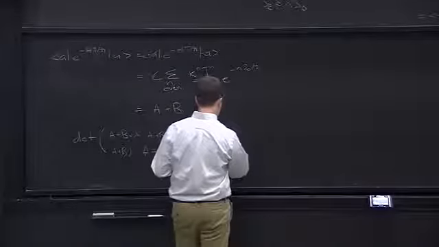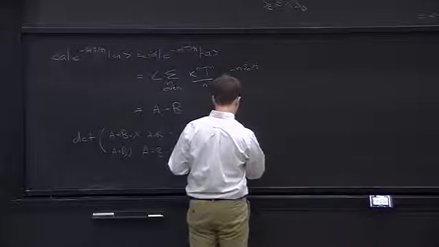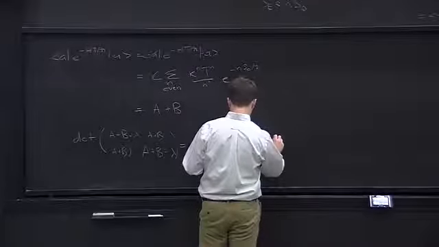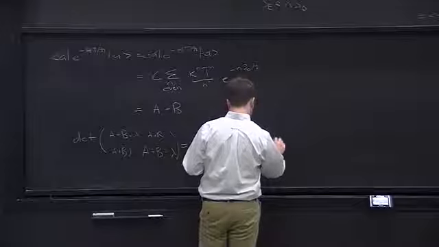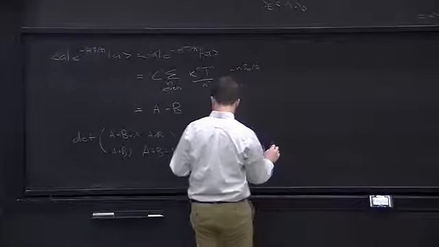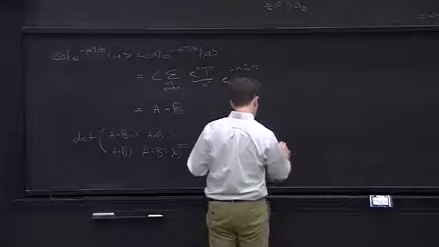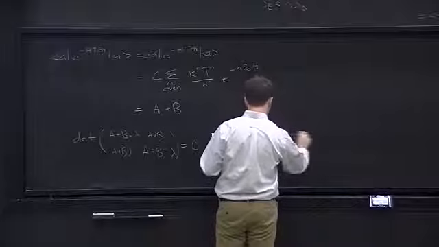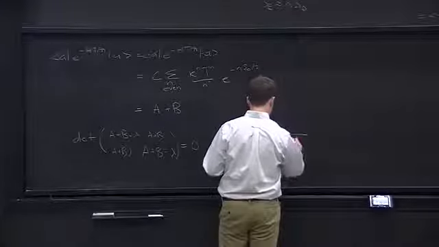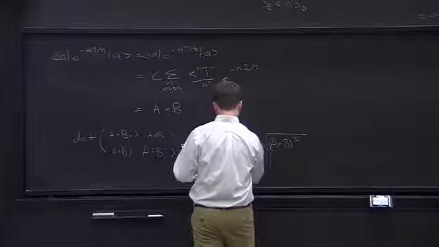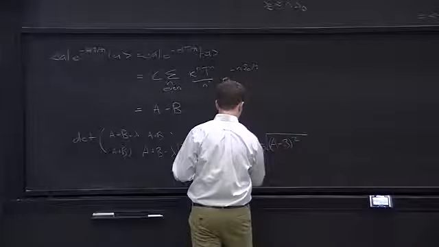Which tells us that lambda is A plus B plus or minus the square root of (A minus B) squared, which gives us either 2A or 2B.